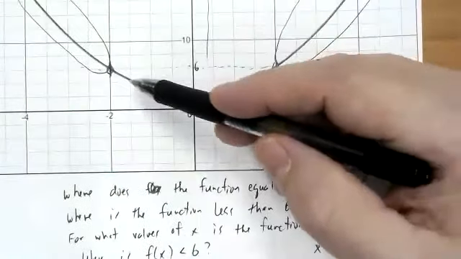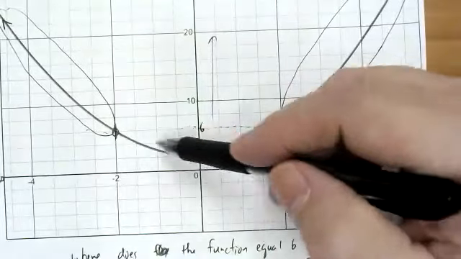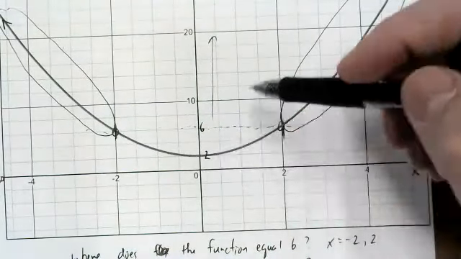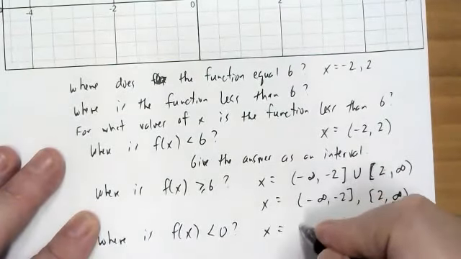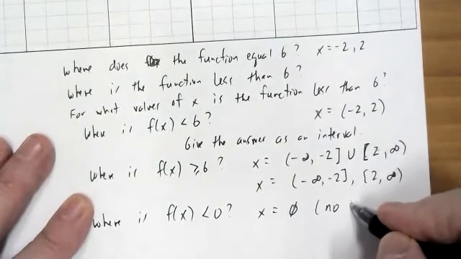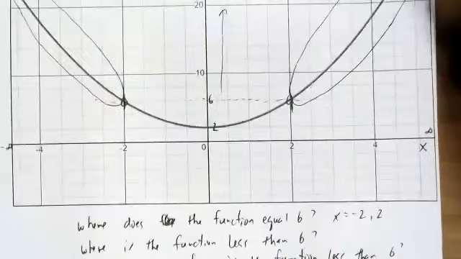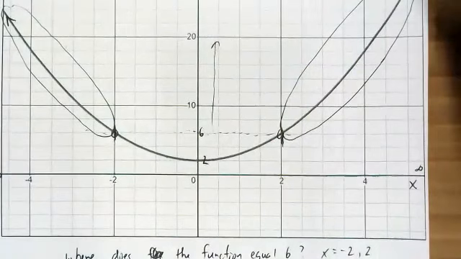I realize there's no part of this graph. This function is never less than 0. It's always above 0. So this would be one of those cases where 0 with a slash through it means no solution. There's no place in this function that's less than 0.